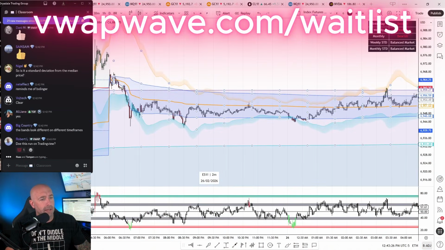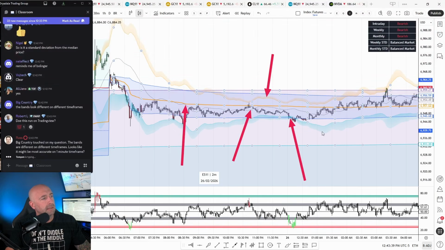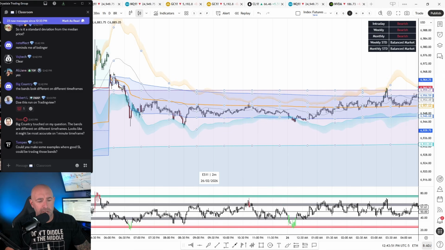All right, there is a middle line. So these are deviations on price. The calculation is based on the adaptive RSI framework and taking that deviation.